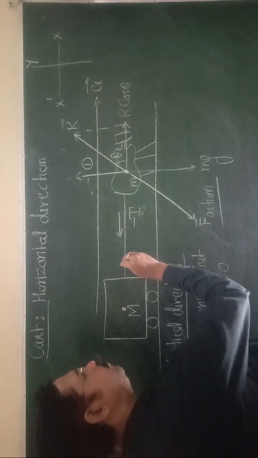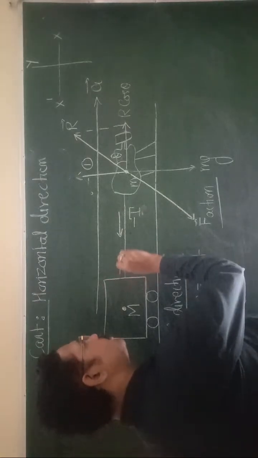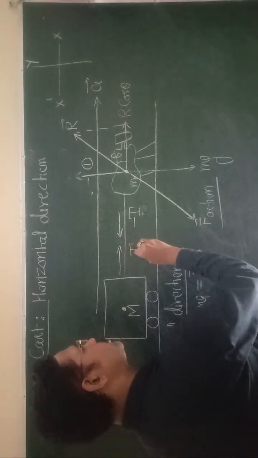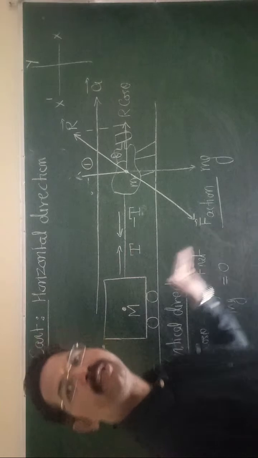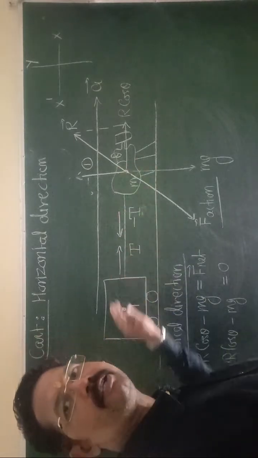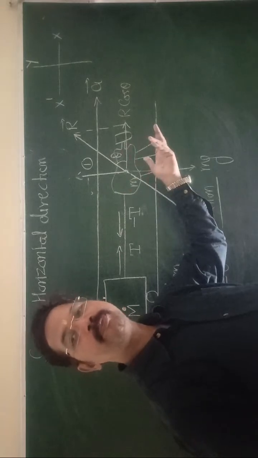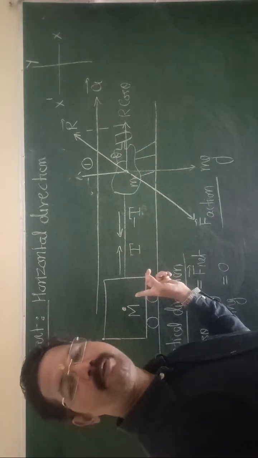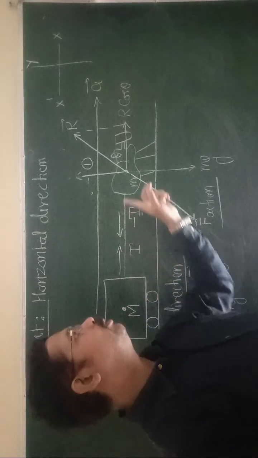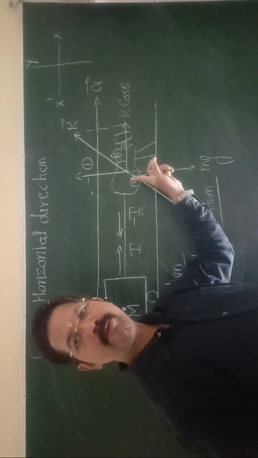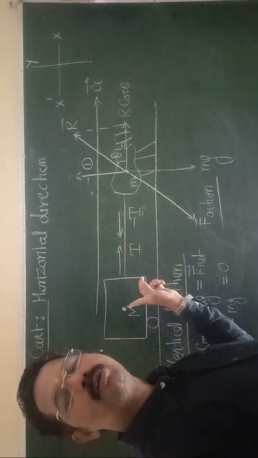Again, tension also acts in the positive direction, so this is plus T. Acceleration of horse and cart is the same. If the horse moves faster, then the acceleration of the cart will be fast. If the horse is moving with a small speed, the acceleration of the cart is also small.